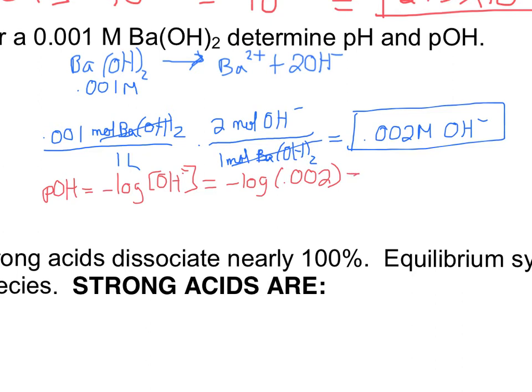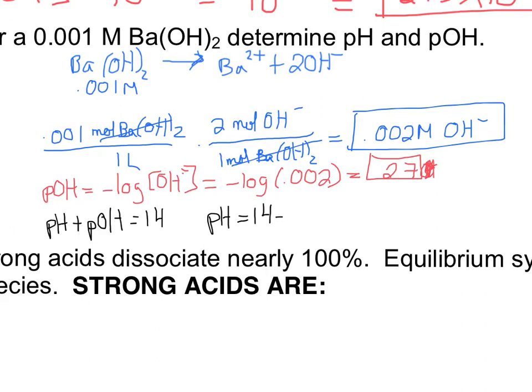And so that is equal to 2.70. Actually, just 2.7 if you wanted correct sig figs. And then to find the pH, you can say pH plus pOH is equal to 14. So pH is equal to 14 minus 2.7. So that gives you 11.3.